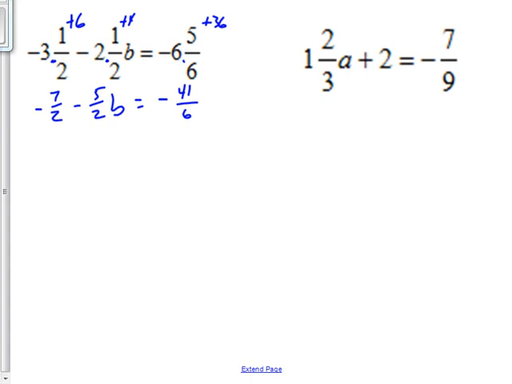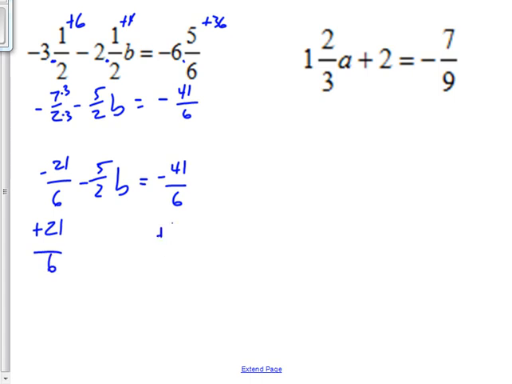Okay, now the first thing I have to get rid of here is this negative 7/2, but notice over here I have a 6 as my denominator. So let's multiply the top and the bottom by 3. And so I'm going to get negative 21 over 6 minus 5 halves b is equal to negative 41/6. Okay, now I can add my 21/6 to both sides.